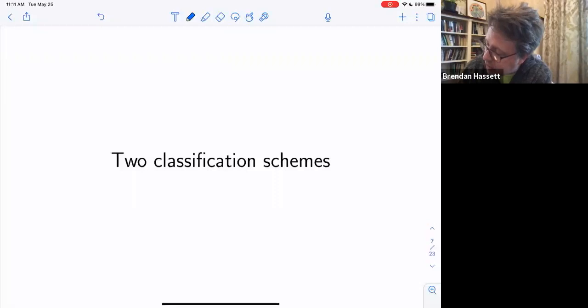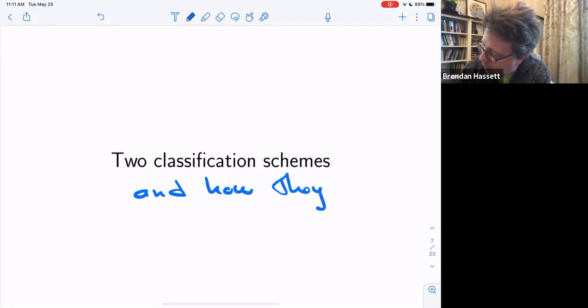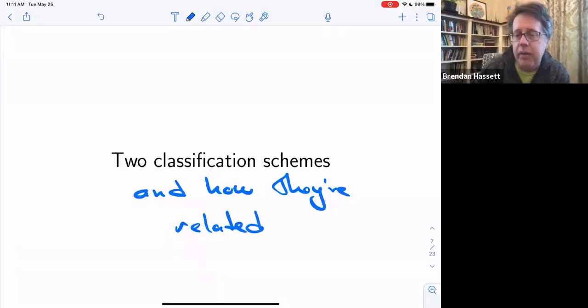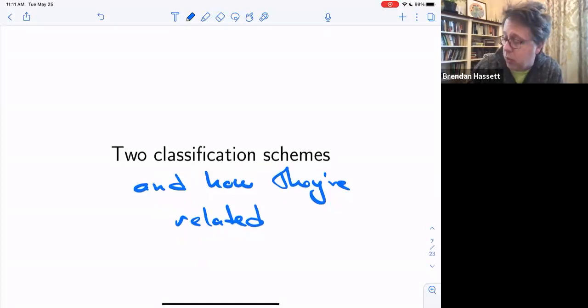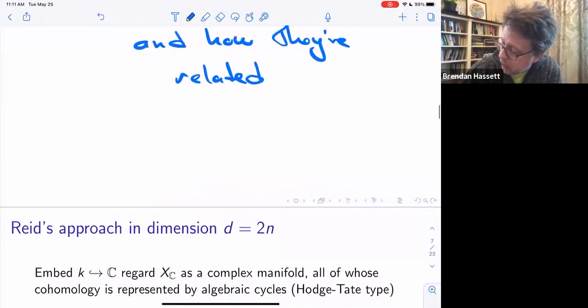So, two classification schemes, and how they're related. These are different ways of getting important Galois theoretic information from complete intersections of two quadrics.